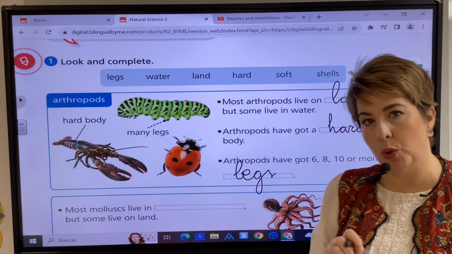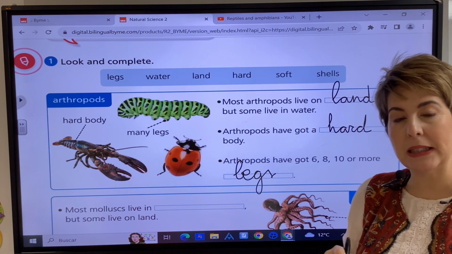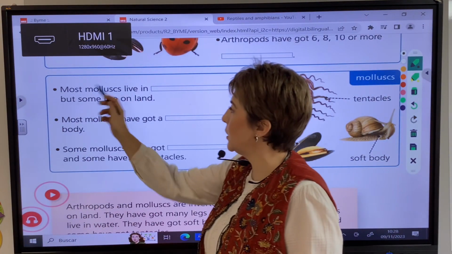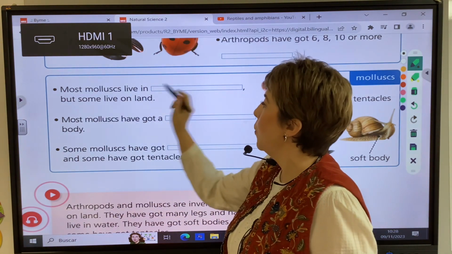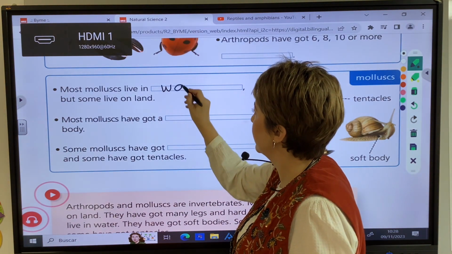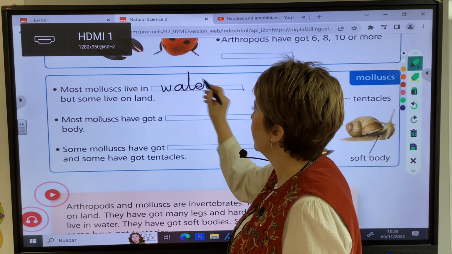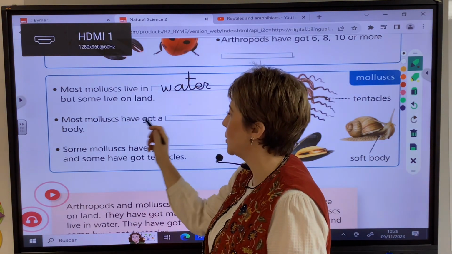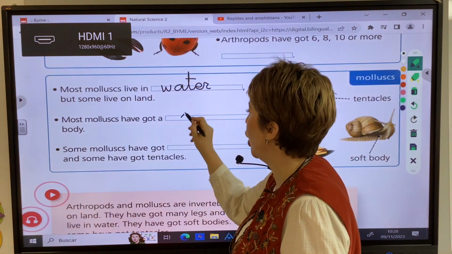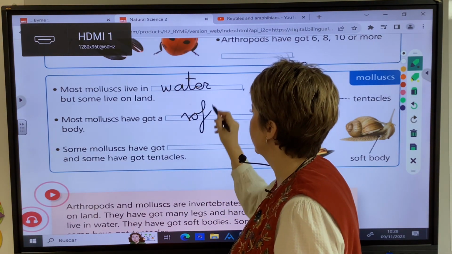Let's go to mollusks. Which are the characteristics of mollusks? Most mollusks live in water, but some live on land. Most mollusks have got a soft body.